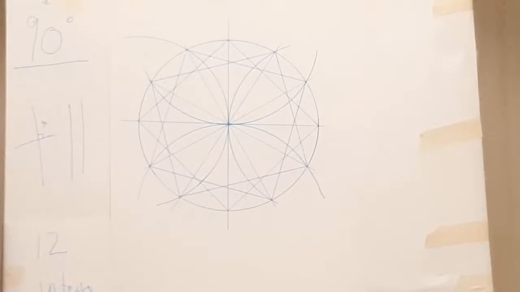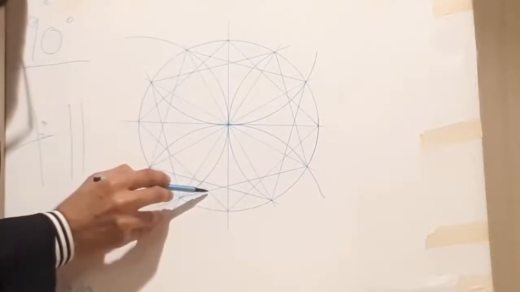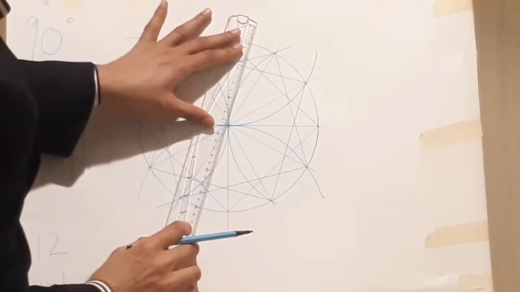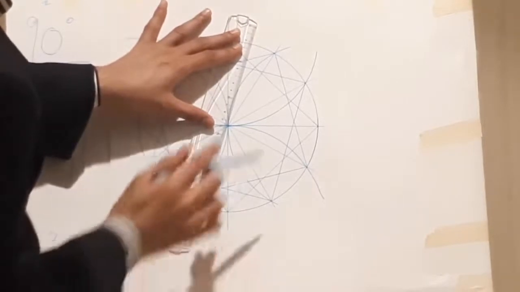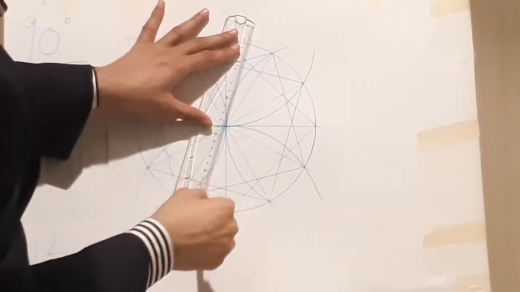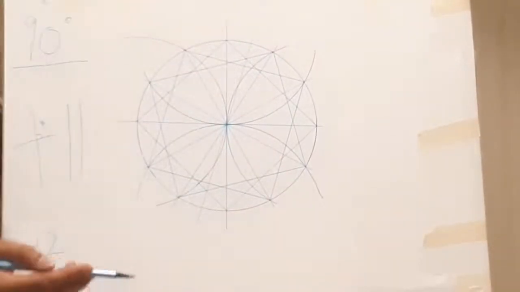What you have to do is pass a line which will start from this point, origin, and the opposite point.